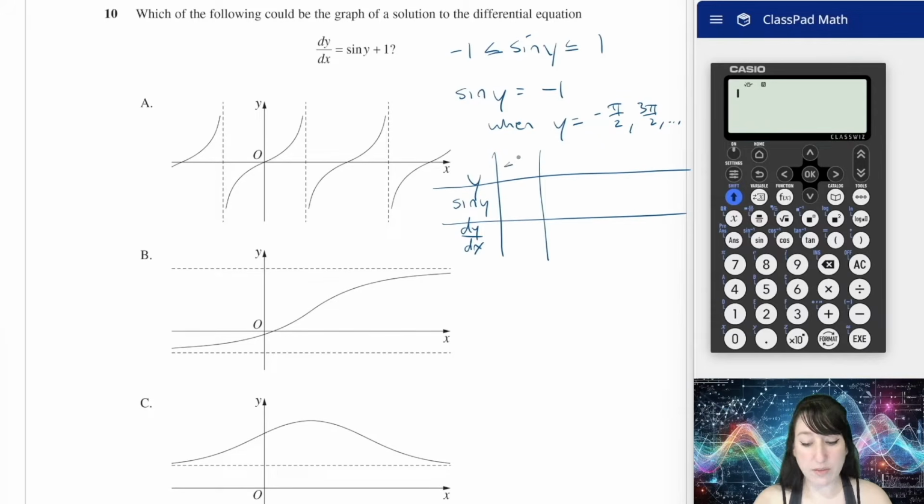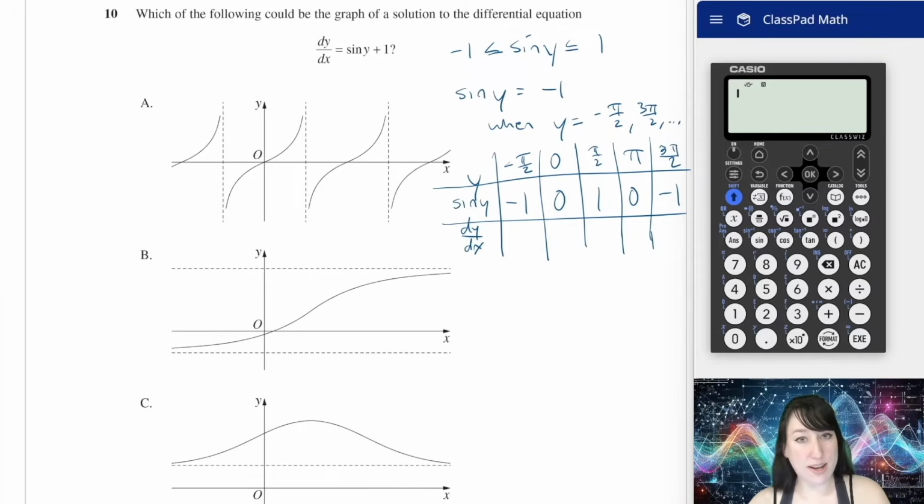We'll start with -pi/2, 0, pi/2, pi, and then 3pi/2. Okay, so again, when y is -pi/2, sin y starts off being -1. Then at 0, sin y is 0. At pi/2, it's 1. At pi, it's 0 again. And then at 3pi/2, back to -1. So that's one cycle.